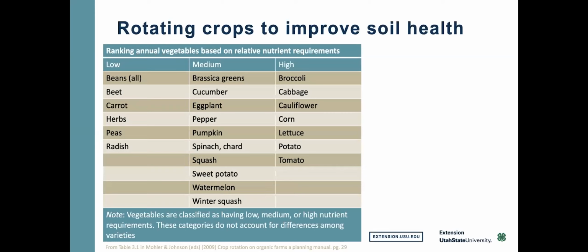So I'm showing here this table that is lifted from a resource that I'll be referring to often. It's provided by SARE, the Sustainable Agriculture Research and Education Program, and their publication called Crop Rotation on Organic Farms. It's a planning manual, and it applies to all farms, conventional or organic.